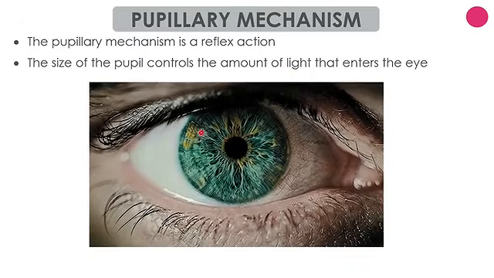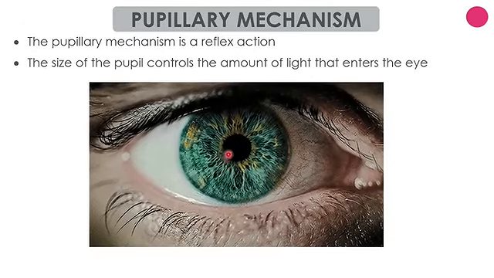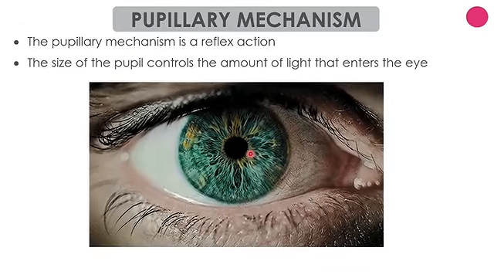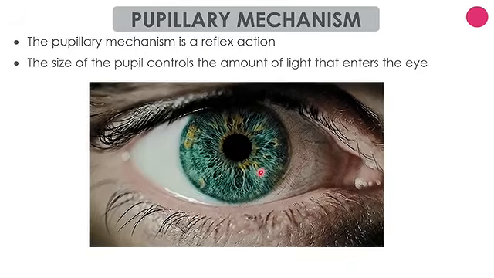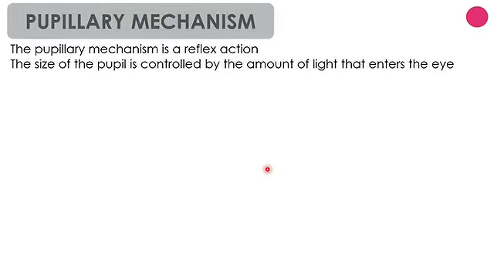So here on our picture, we can see how this pupil dilates, how this pupil enlarges in diameter as the person moves from a light area into a dark area. You move from outside to inside the school building. The pupillary mechanism, like I said, is a reflex action, and it is controlled by the iris of the eye.